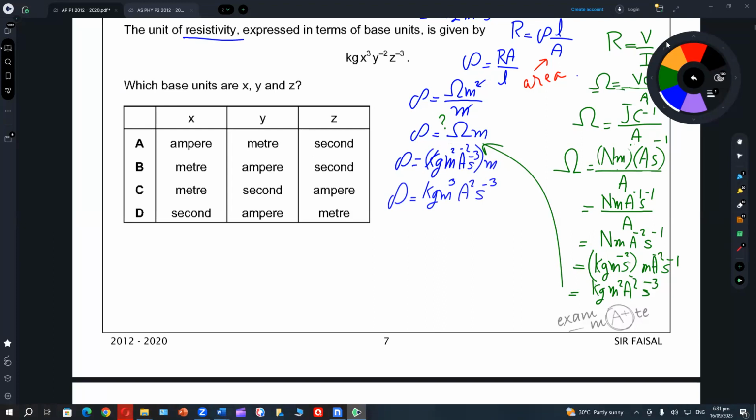So now you can match it with the question equation and compare: kg with kg, m cube with x cube, A minus 2 with y minus 2, s minus 3 is z minus 3.